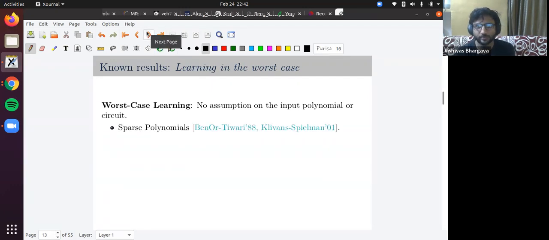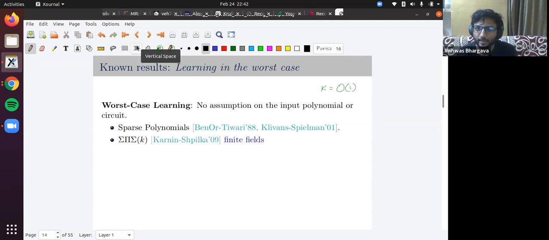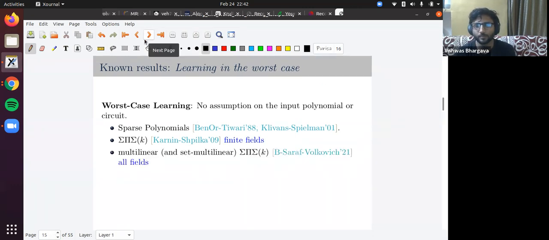The results we know here are sparse polynomial learning, that is, if you have, let's say, polynomially many monomials. There are depth 3 circuits with constant top fan-in, and when I use the term k, think of k as being constant, like 100. If the top fan-in is constant, then depth 3 circuits can be learned over finite fields. This is a result by Karnin-Shpilka.